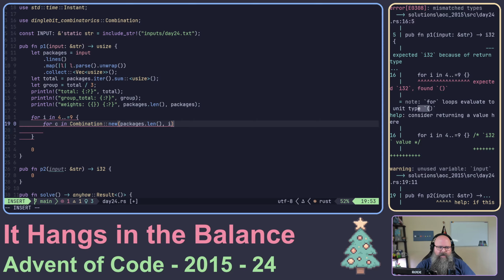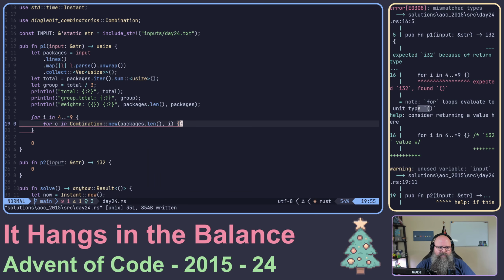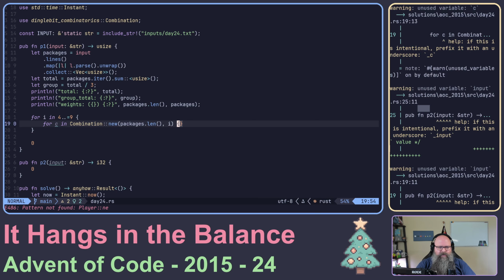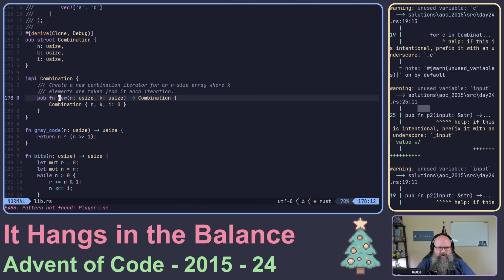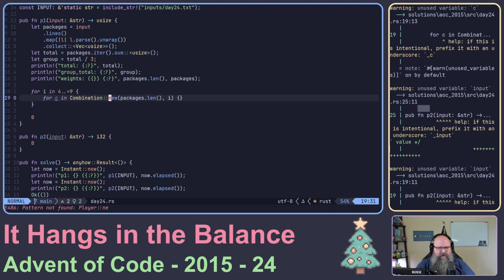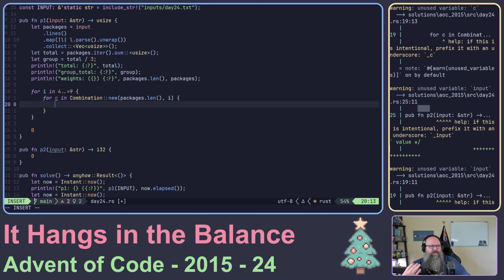Oh, I like that. Is that the right? Create a new combination iterator for an n size array where k elements are taken from each iteration. Yeah, so that is right. Okay, so we're going to have the combinations, and then we want to do the sum.